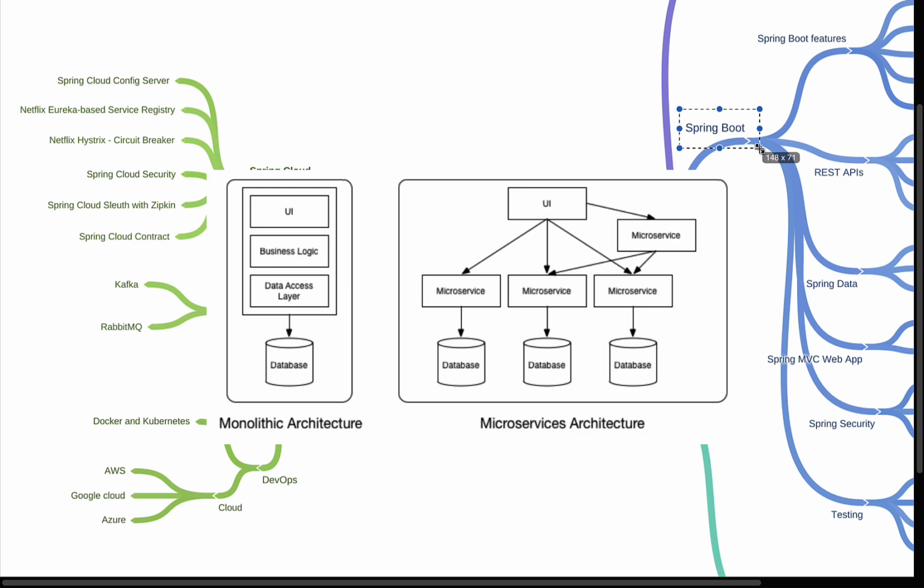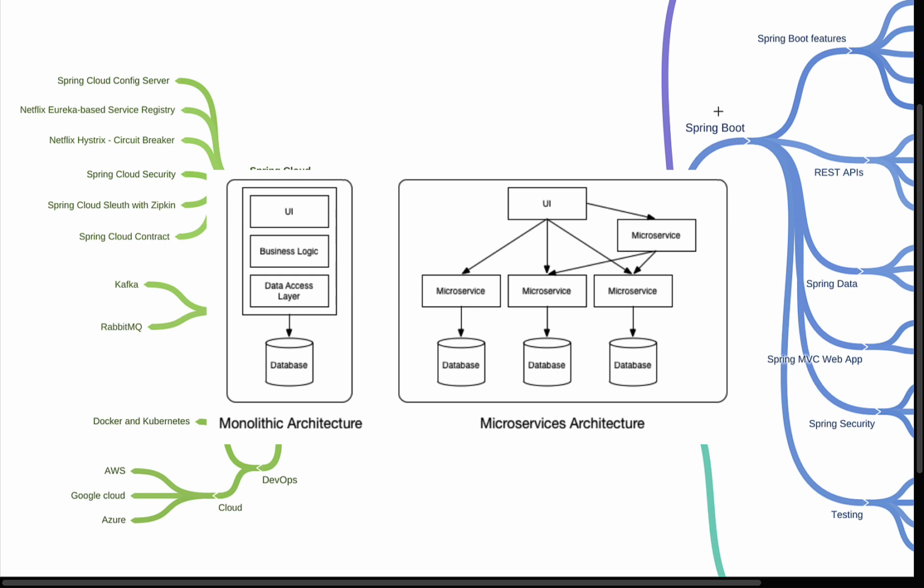In order to learn microservices, you have to learn Spring Boot first. And I'm going to suggest you don't directly learn microservices using Spring Boot. Just try to develop a few monolithic applications, meaning web applications or RESTful APIs.